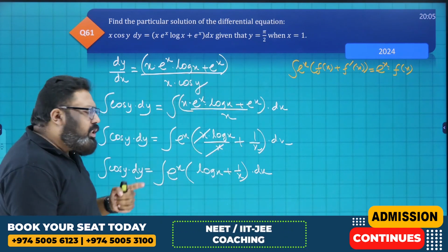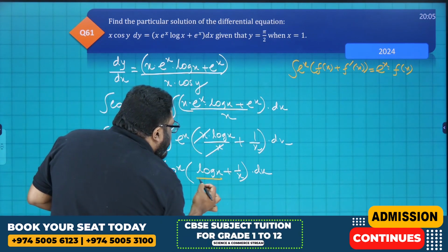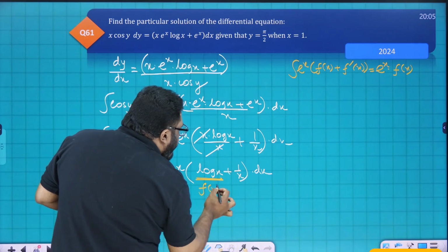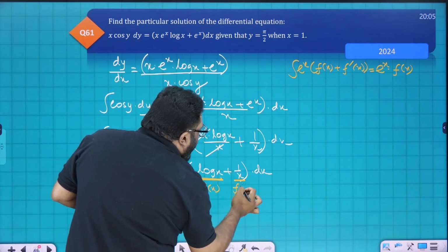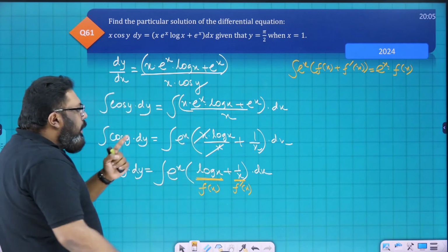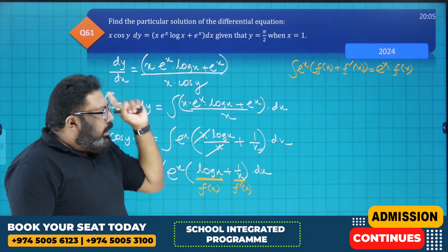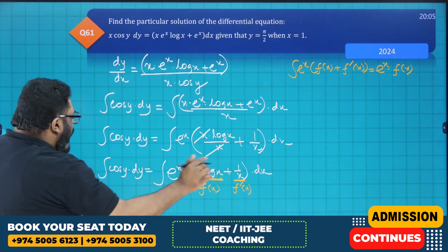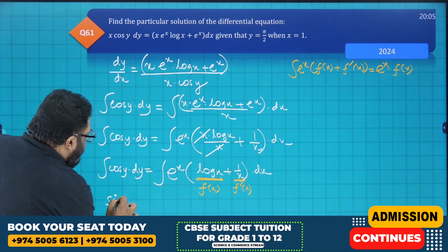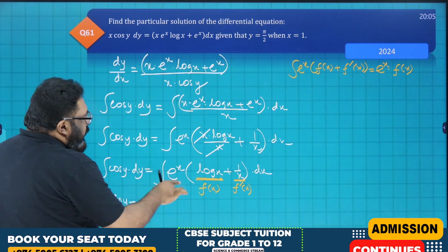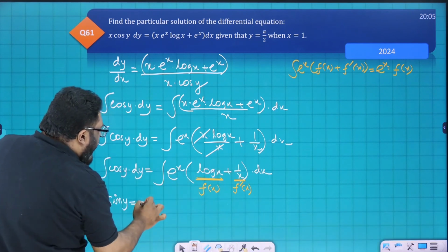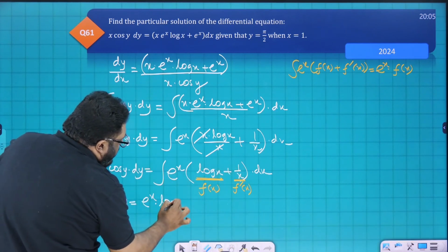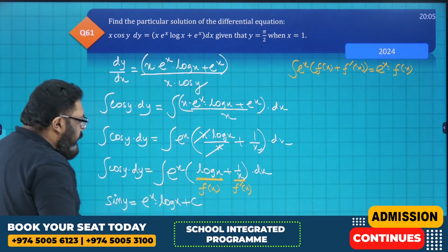If you see that the integration looks like e raised to x into f of x plus f dash of x, and log x derivative is 1 by x, then directly you can write the result, my dears. So what is the integral of cos y? Sin y. And the integral of e raised to x into f of x plus f dash of x is e raised to x f of x plus c.